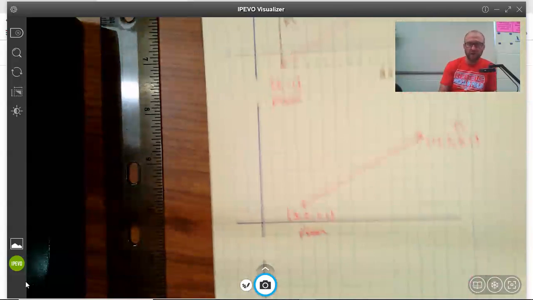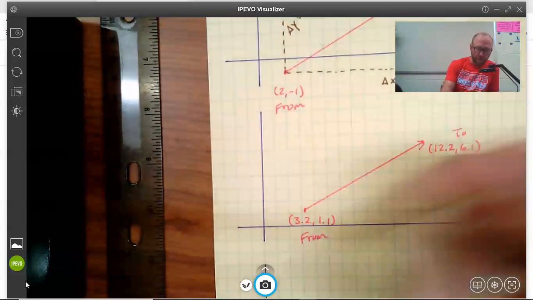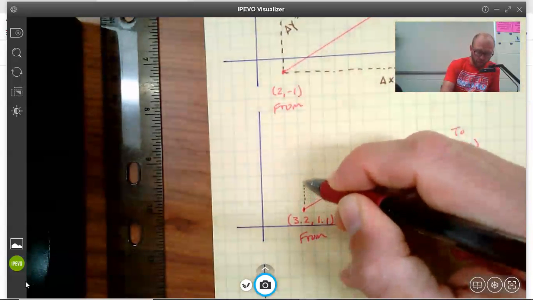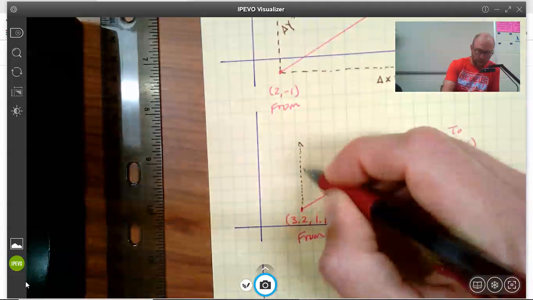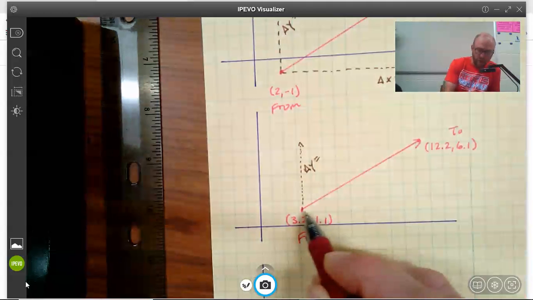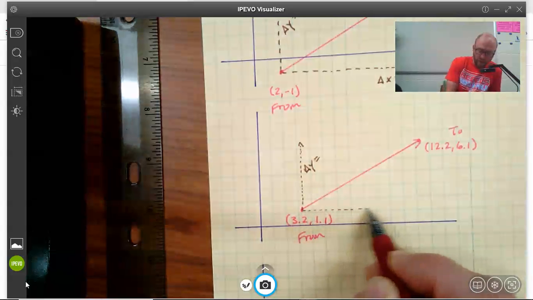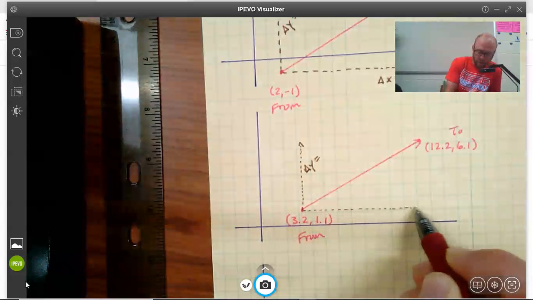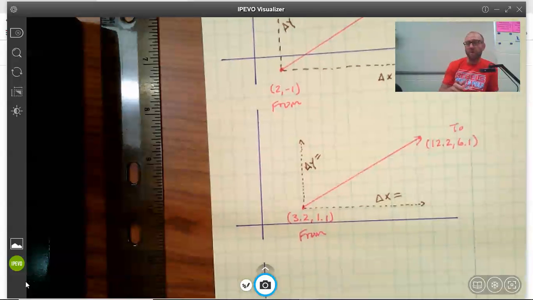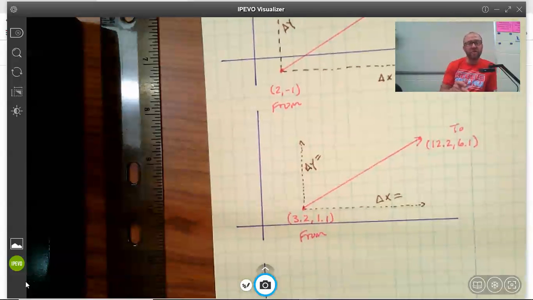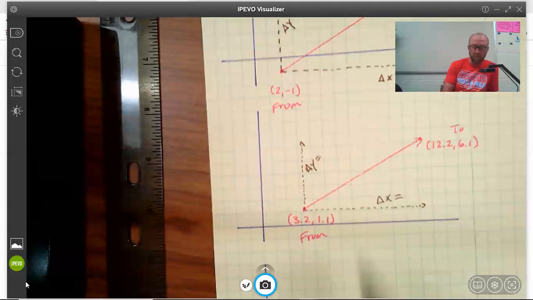Let's go down here to the next one. So here, I look at here's our change in y, and here is my change in x. And by the way, I'm talking about the change in y and the change in x are just measurements. They're not actually line segments. The dotted lines are just measuring how long something is.